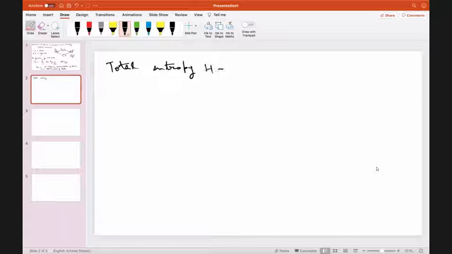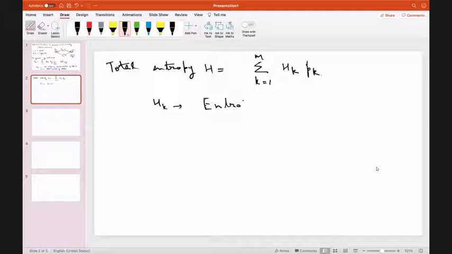Total entropy H is going to be nothing but the sum of Hk times Pk, where k varies from 1 to M, where Hk, as we have evaluated before, is the entropy of the kth state, and Pk is the probability of the kth state.